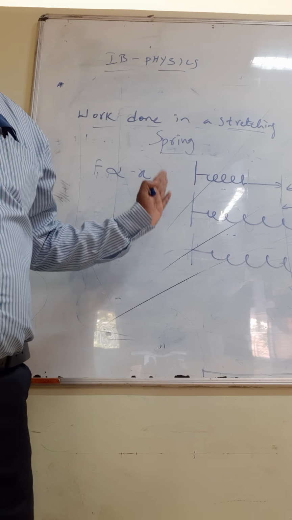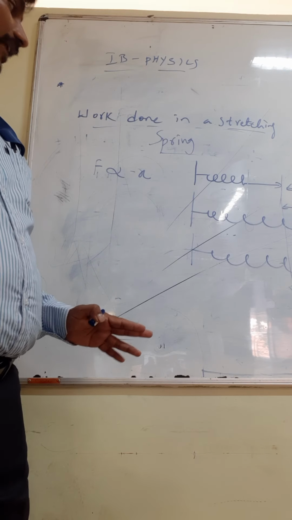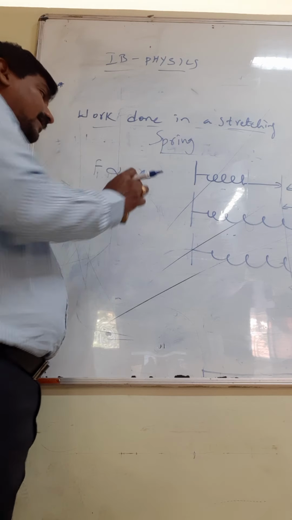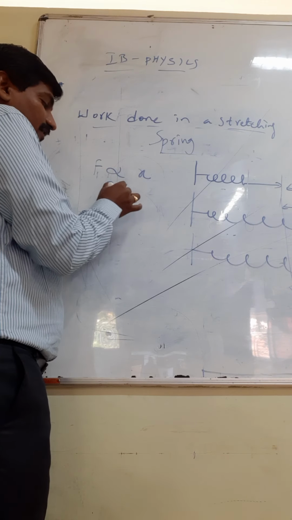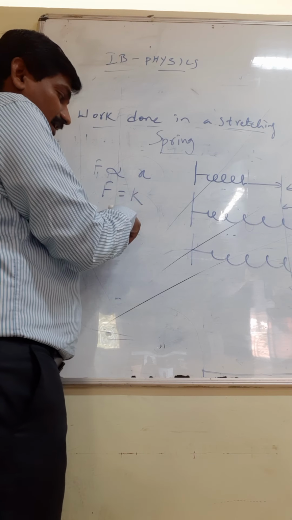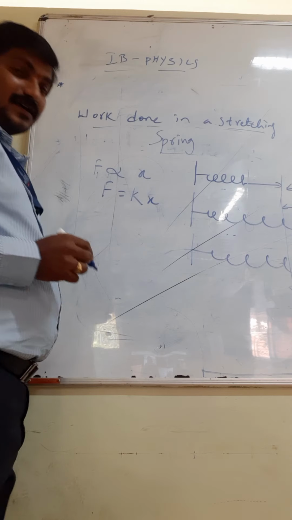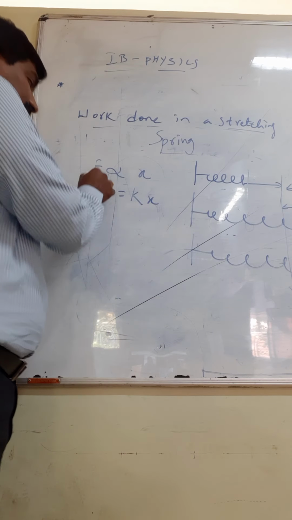But we are not talking about negative displacement here. Here we are talking about whether an object is displacing or not with the application of the force. Since there is proportionality, we have a constant k which describes the spring constant, and we write F equal to k into x.